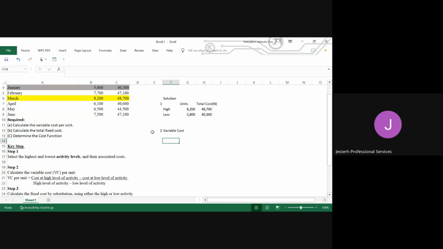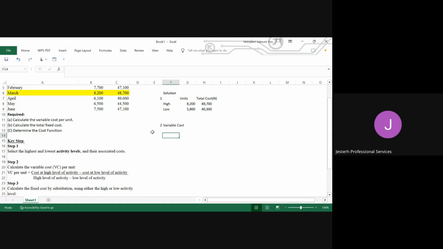Now, how do we calculate our variable costs? You can see the formula to calculate it. We have already known the cost of the higher level, the cost of the lower level, and the units of the high and low as well. Then we have to subtract them one from the other.